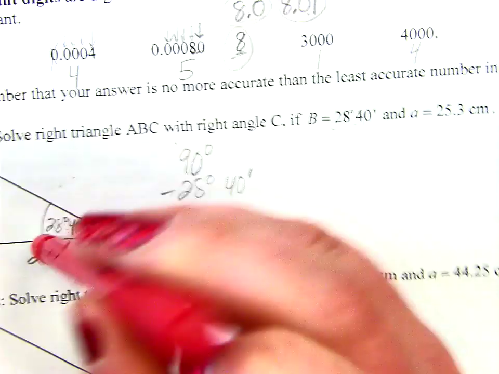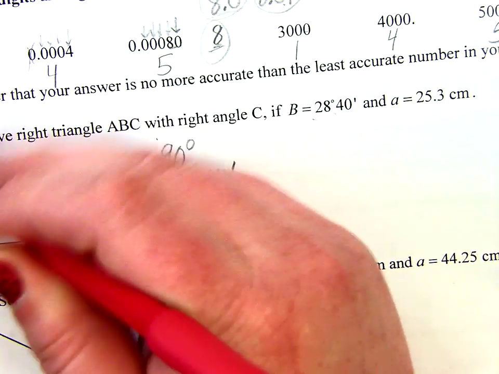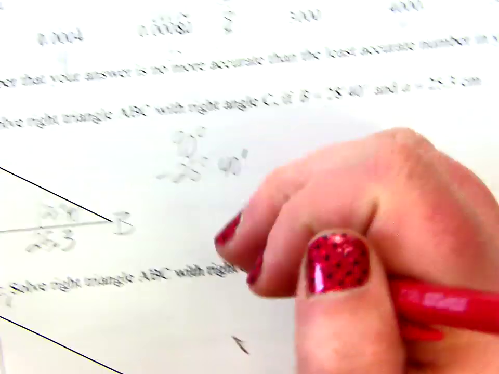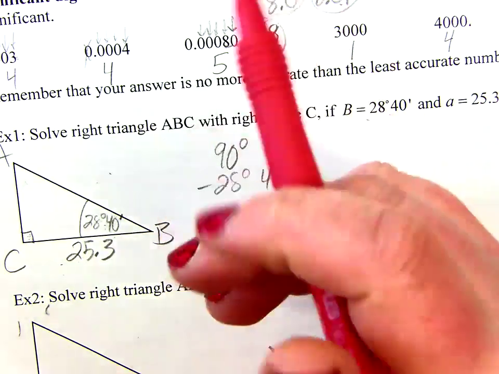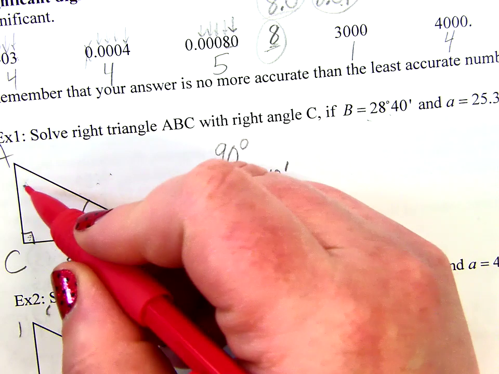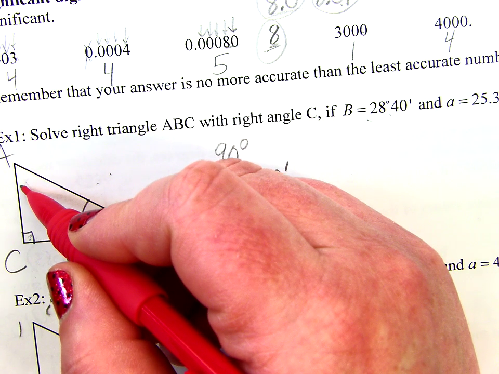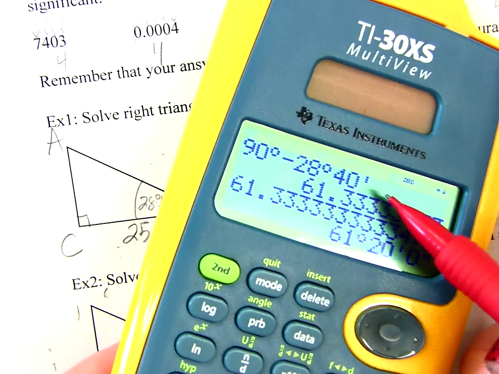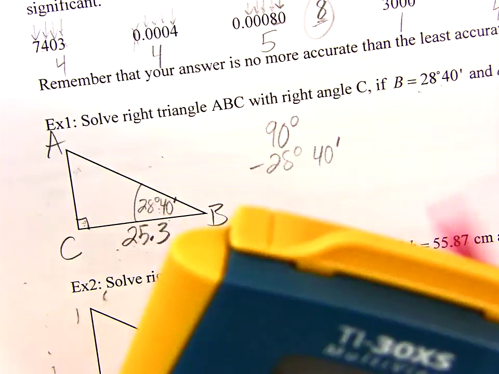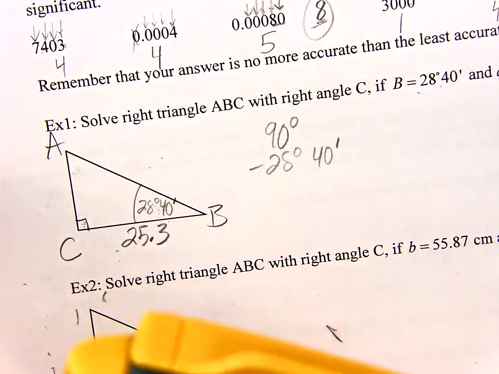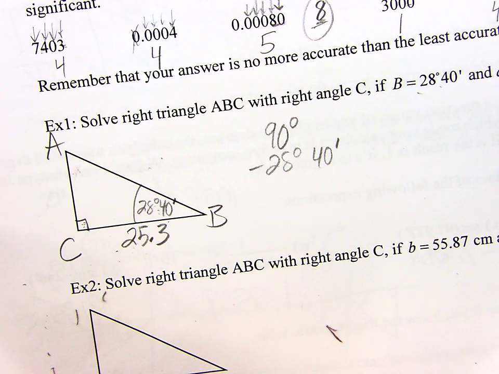Wait, that's it? I just did second angle DMS, next one. It's like saying DMS 1. Did you get 61.33333? Yeah. You scrolled all the way down to number 6?